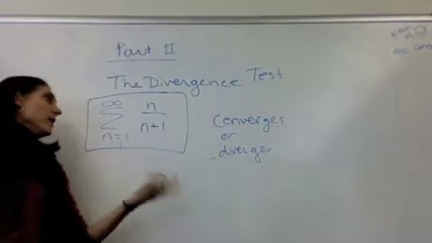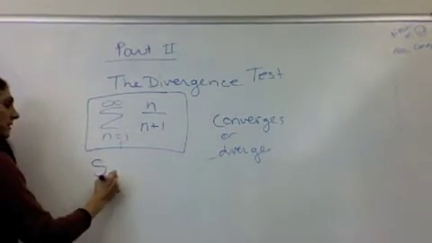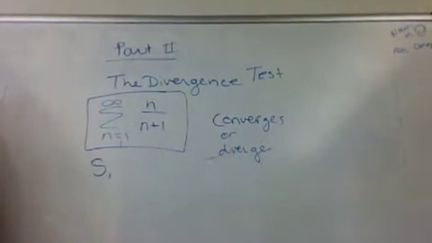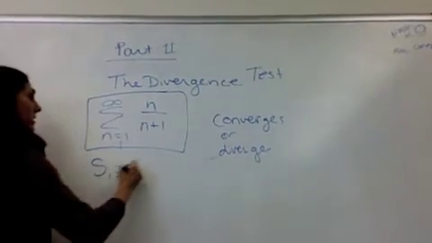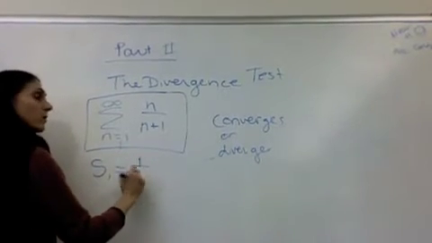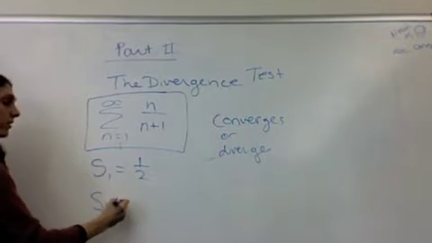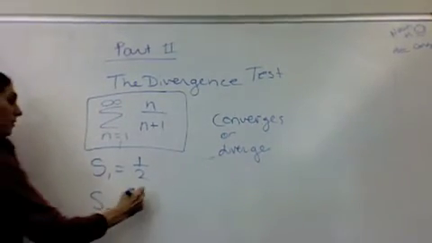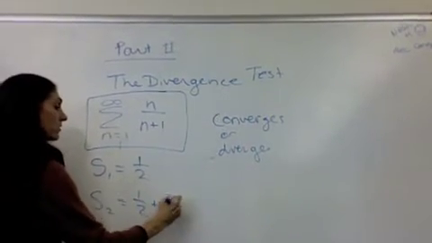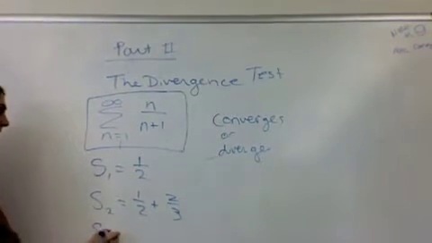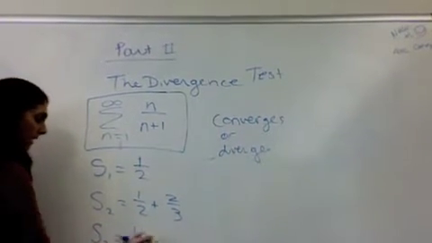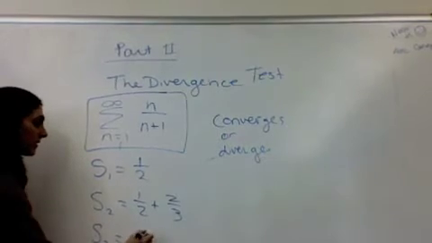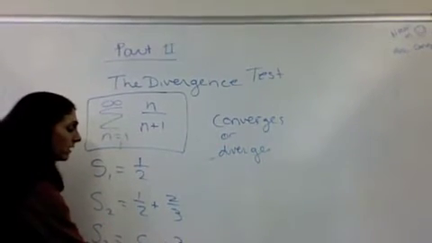So, let's look at some partial sums. What's S sub 1? 1 over 1 plus 1. What's S2? Don't just add it out: 1/2 plus 2/3. What's S3? I'm going to do S2 plus 3/4, right?